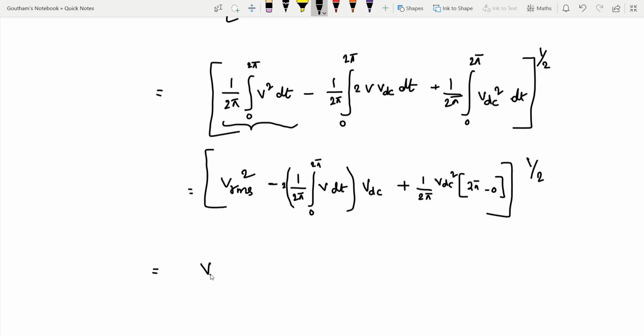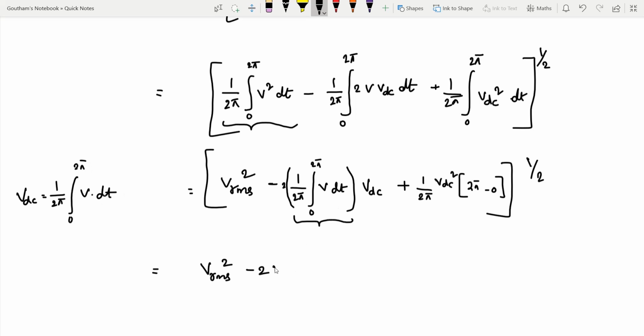VRMS square minus 2 into, this is nothing but the expression for VDC. What is VDC? VDC is 1 by 2 pi integral 0 to 2 pi V dt.